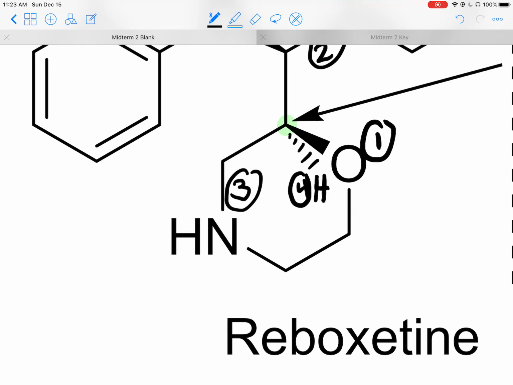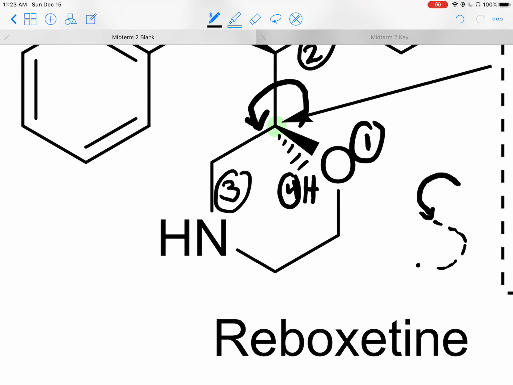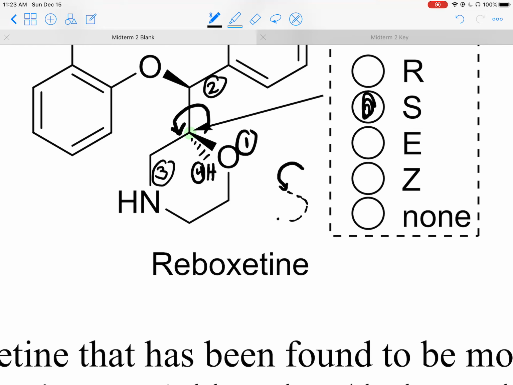MaryAnn wrote it so that the 4th priority was already in the back, so we don't have to do any rotation or flipping in our head. So we are just going to draw an arrow from 1 to 3. And then again, I imagine myself drawing an S or an R, and in this case I would be drawing an S, and so this is going to be an S configuration.